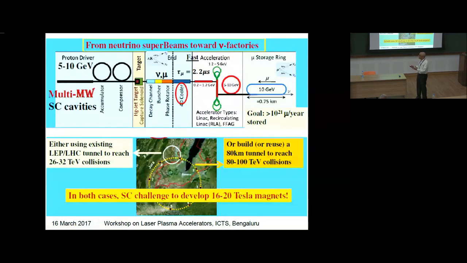But similar things can be done at the LHC tunnel, which can reach up to 26 to 32 TeV, provided we have the magnets developed for that. That requires challenges to develop 16 to 20 Tesla magnets.